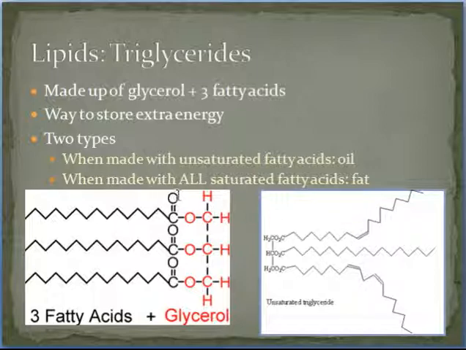When it's made with all saturated fatty acids, remember, saturated means straight, no double bonds, no kinks, it's stored as a fat. So like this, in this picture here, you can see how these are all straight, no double bonds, no kinks. Therefore, those are all saturated, and they can sit there very nicely together without pushing each other apart.